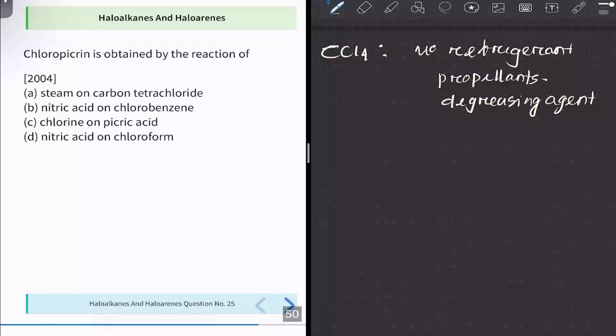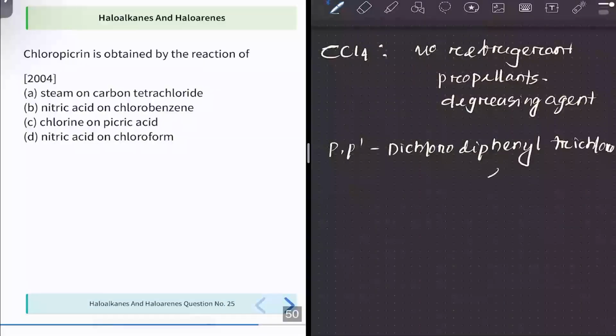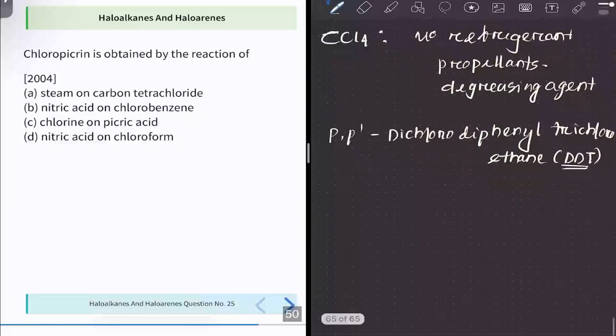Okay, and the last compound is para-para dichlorodiphenyltrichloroethane. You have to remember the full name of this compound: dichlorodiphenyltrichloroethane, that is DDT. DDT is banned now.